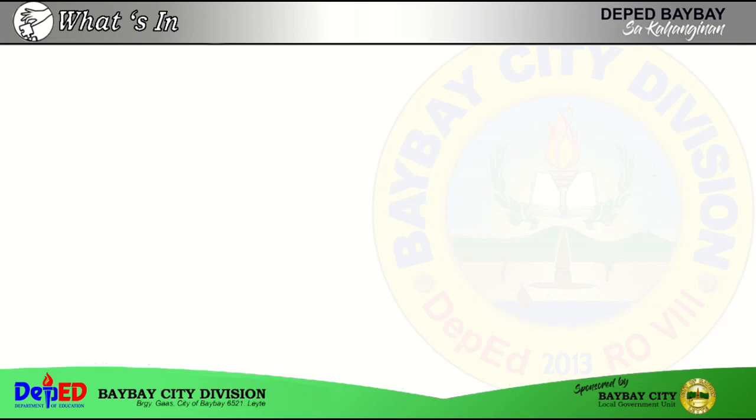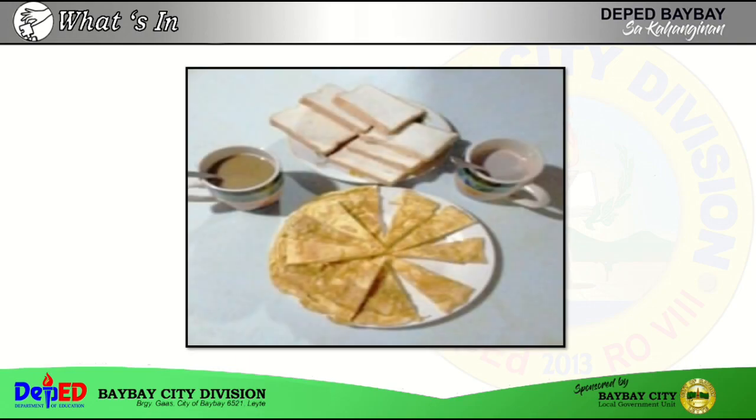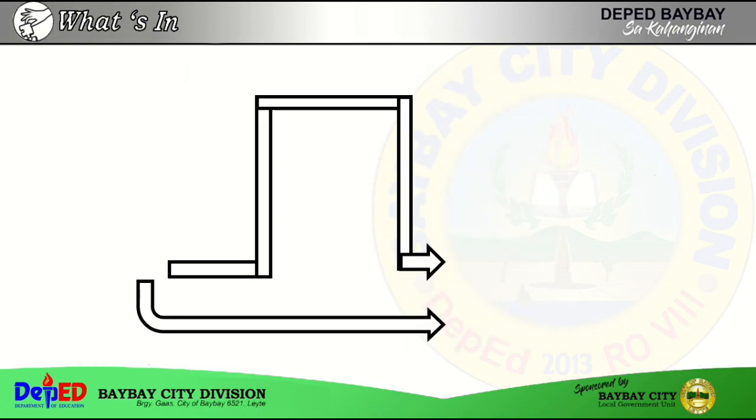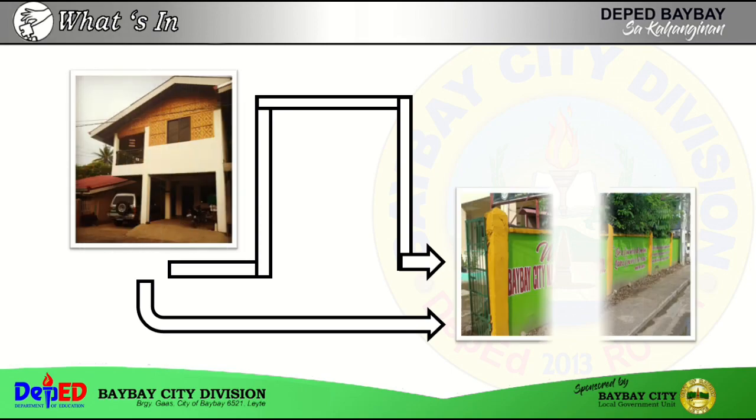There you go. Now, may I ask you, when you are curious about a certain happening, like what's in your breakfast that gives you more energy, or what is the fastest route from your house to school, what will you do?